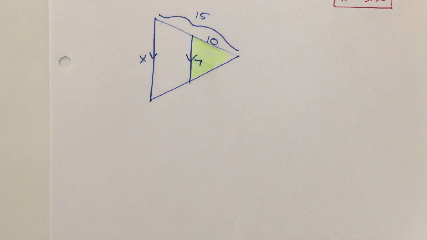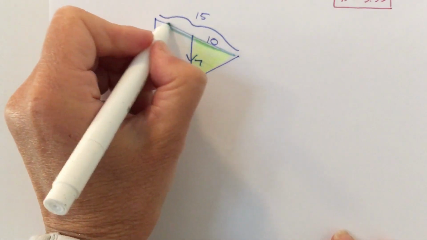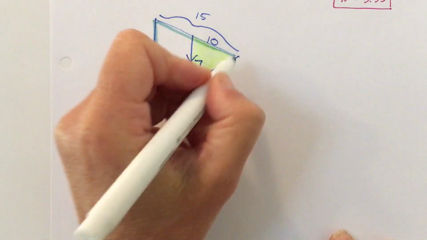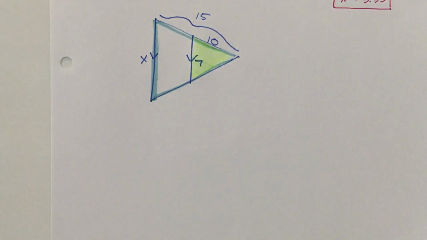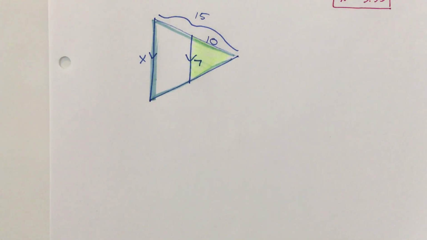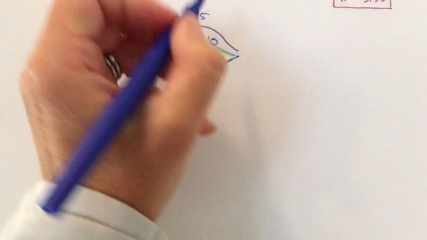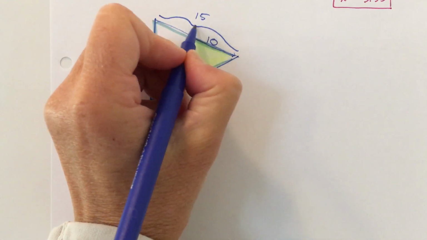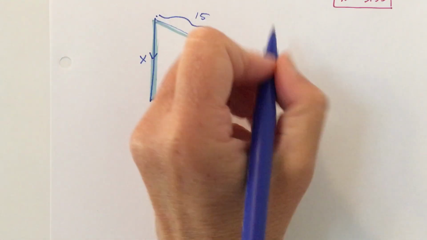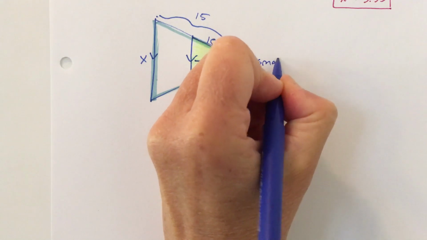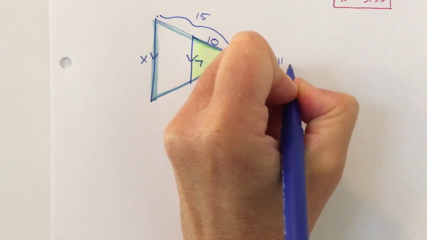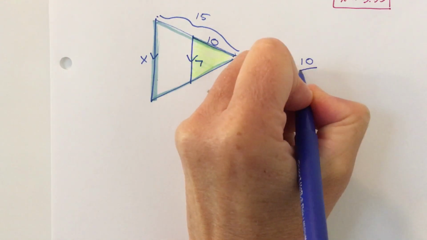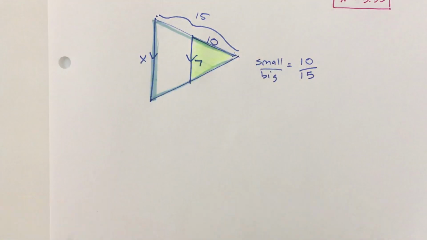That one is similar to this whole thing on the outside. Even though this one doesn't have letters to help you, you could add them because it is pretty helpful. But this side right here, this 10, corresponds to this 15. They match up. So small over big. The small side of 10 matches up with the big side of 15.